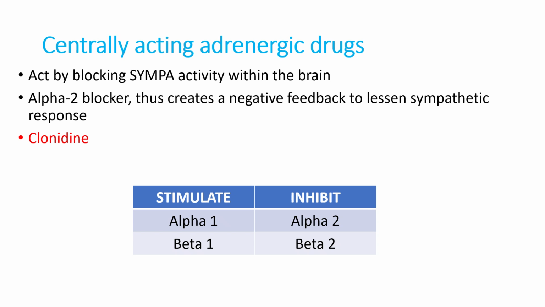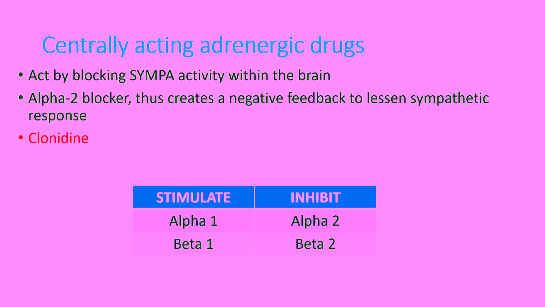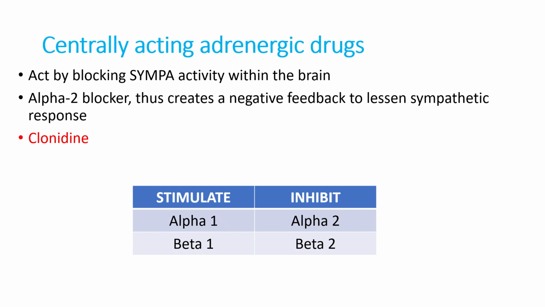Clonidine is available in tablet form and in IV. The tablet form is the drug of choice to immediately lower the blood pressure of patients in hypertensive emergencies. It is given under the tongue or sublingually with an interval of 15 minutes.